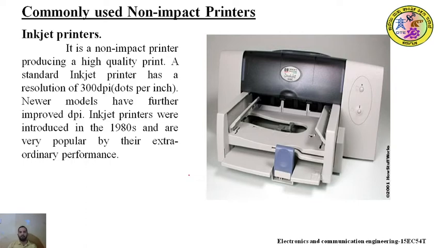Newer models have further improved dpi. Inkjet printers were introduced in the 1980s and are very popular for their extraordinary performance. Compared to impact printers, non-impact printers are very popular for their best resolution output.